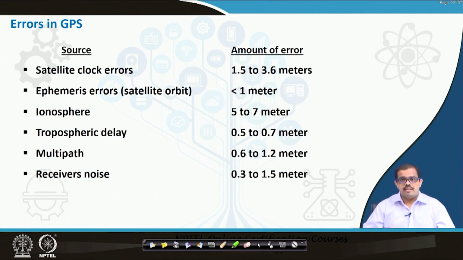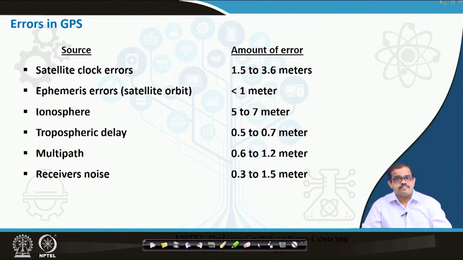Either correct that error, since some systems will let you input the plus or minus errors, so if that is there, do it. Otherwise, once you come back to your lab, applying plus or minus that many units will give you the least error. This is how the error is induced, and certain errors can be corrected in terms of the measurements that are done.